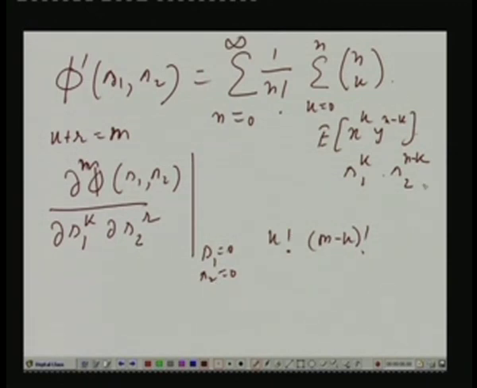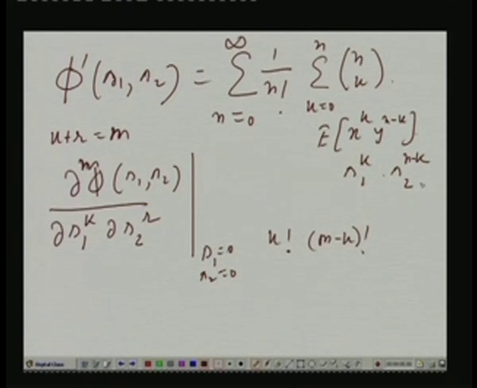That will eliminate them, right. So, you understand that even if I take n equal to m plus 1 or m plus 2 or m plus 3, higher terms, and consider the binomial series and do this differentiation, upon differentiation, if I substitute S1 equal to 0, S2 equal to 0, all terms vanish. Only when I am considering n equal to m and the corresponding binomial series here, and then differentiating every term with respect to S2 r times and S1 k times, where k plus r equal to m.